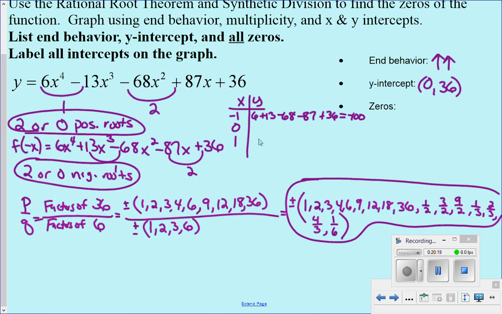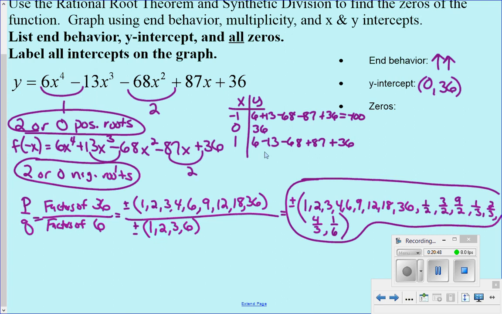Next, putting 0 in, we already said that's 36. Next, let's substitute 1 in. So 1 to the 4th is 1 times 6 is 6. 1 cubed is 1 times -13, minus 13. -68 times 1 squared is -68, plus 87 and plus 36. So let's see here. I don't have this answer memorized.